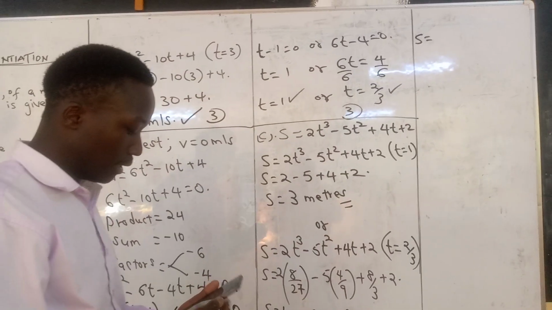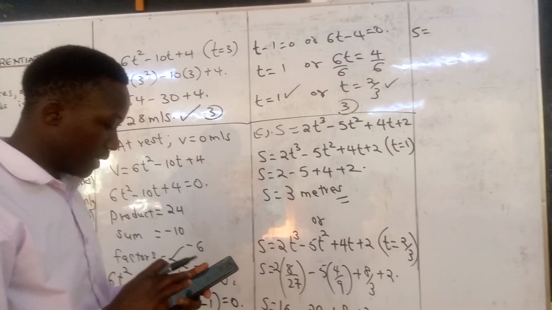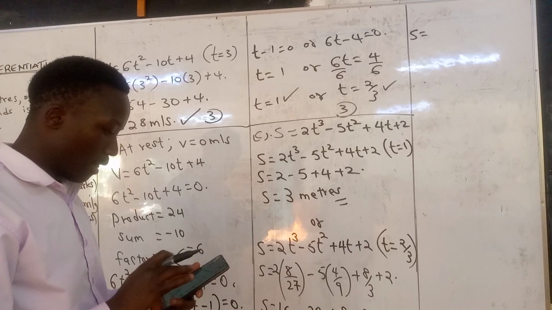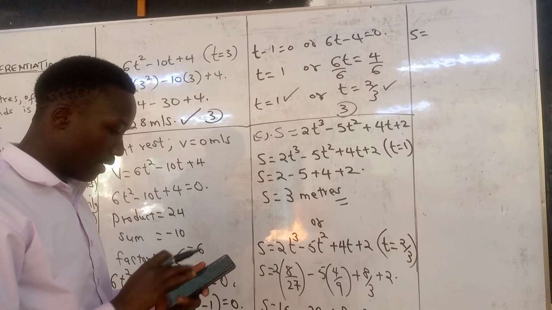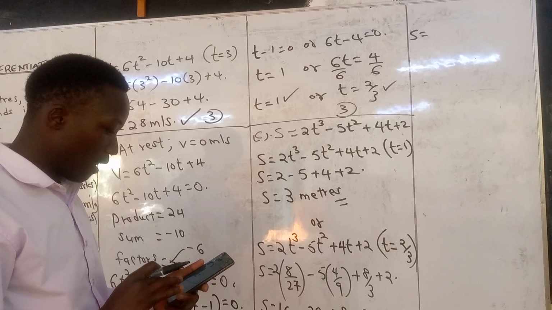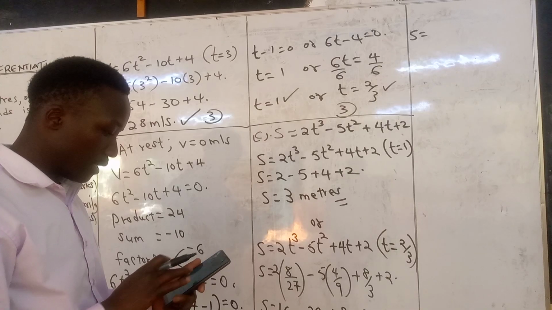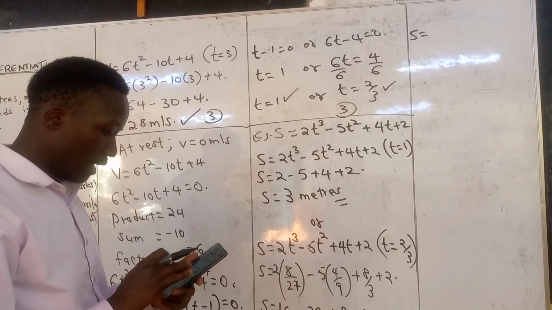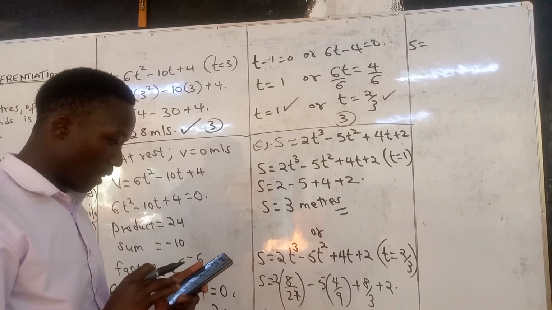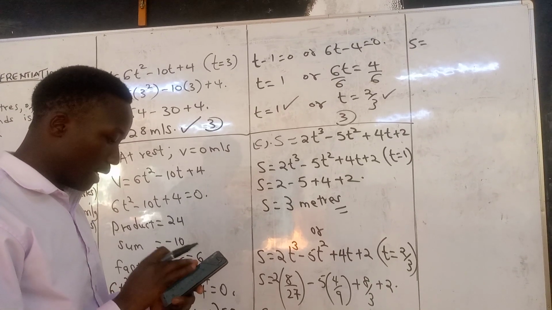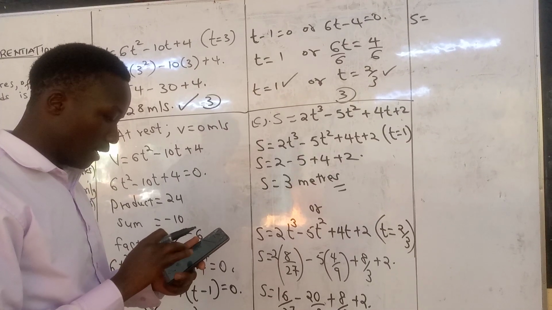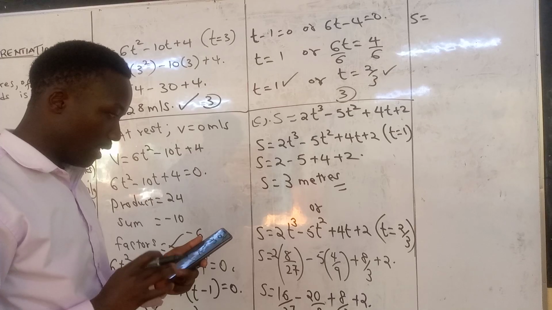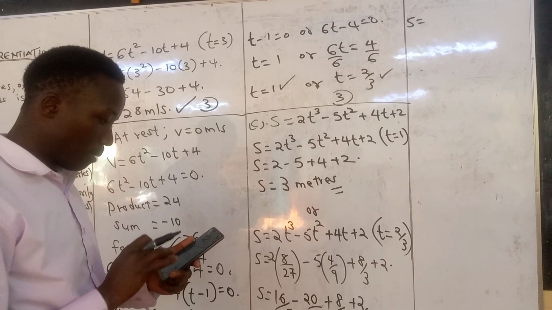So let's solve it. We have 16 over 27 minus 20 over 9 plus 8 over 3 plus 2.